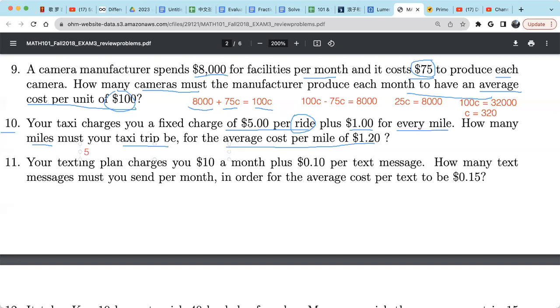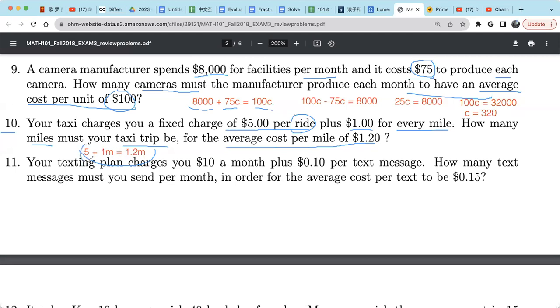Okay, so we set up the equation like this. $5 for each ride, right? Plus $1 for each mile. How many miles does it need to be? Let's say M miles. For an average cost of 1.2 M. We can make sense of this, similar to 9.